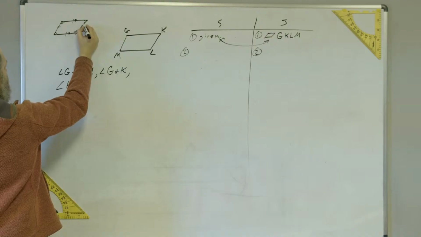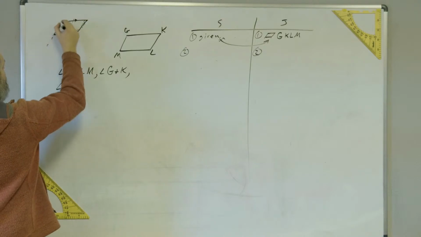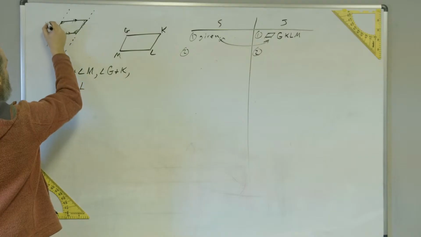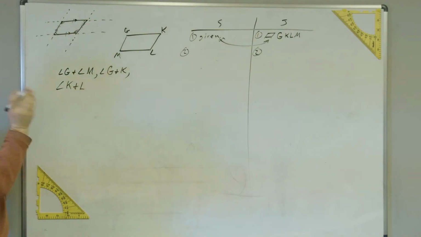Which is great, right? Because the fact that we know that opposite sides are parallel, we've got these lines that we can extend out so we can see what is happening. We've got all these parallel lines and transversals, because we know a lot about that. We know that same side of transversal are supplementary.